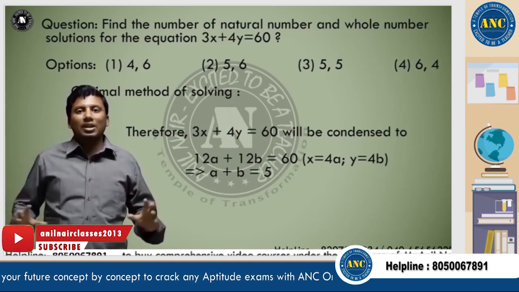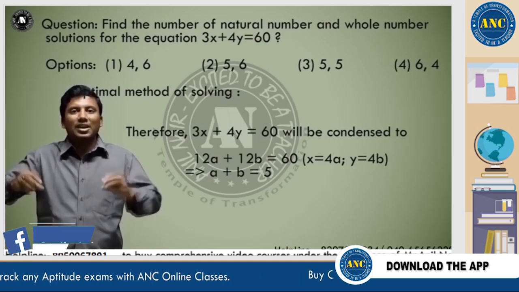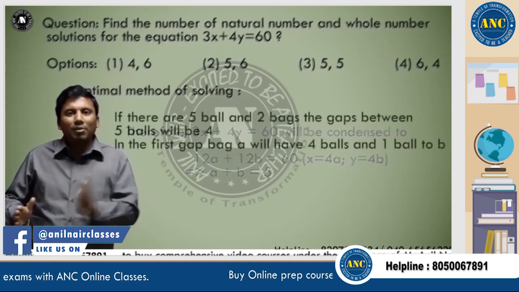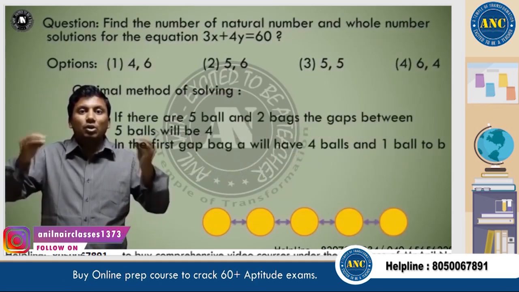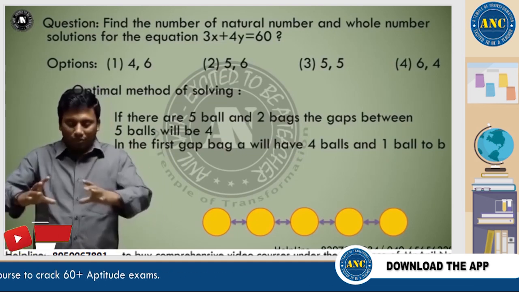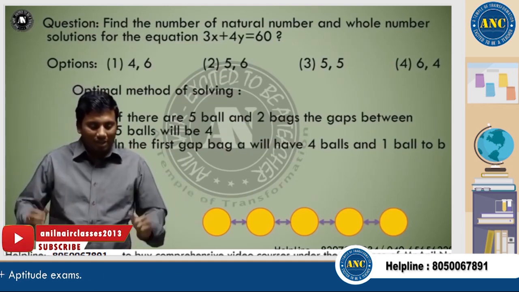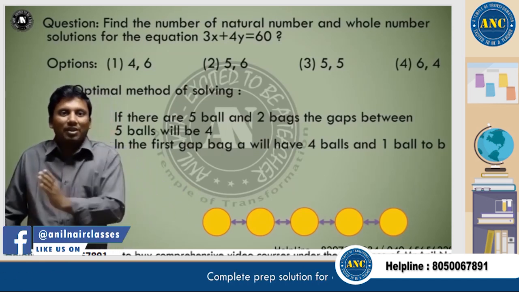Instead of enumerating this one, let us take a simple example. b + a = 5. There are 5 balls kept in front of you, and these 5 balls should be kept in 2 bags. Let me call the bags b and a. If they are kept in a straight line, there are 4 spaces between 5 balls.